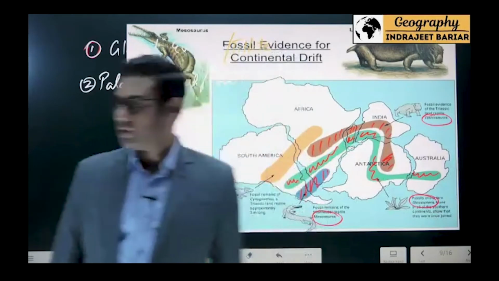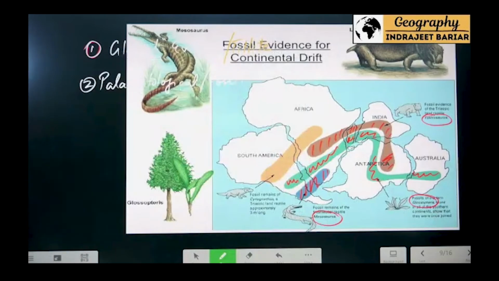So next question just mention over there. नेक्स्ट क्वेश्चन में लिखिए डिस्ट्रीब्यूशन ऑफ पेलियोग्लेशिएशन. एंड नेक्स्ट क्वेश्चन डिस्ट्रीब्यूशन ऑफ मीजोसॉरस, लिस्ट्रोसॉरस एंड ग्लॉसोप्टेरिस.